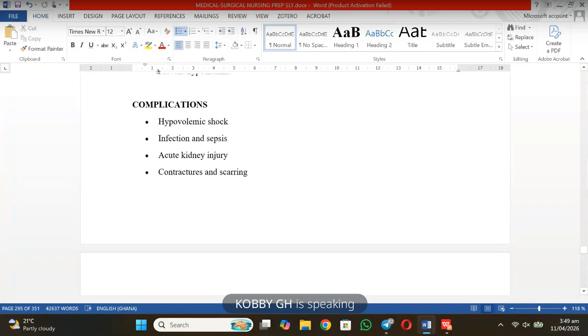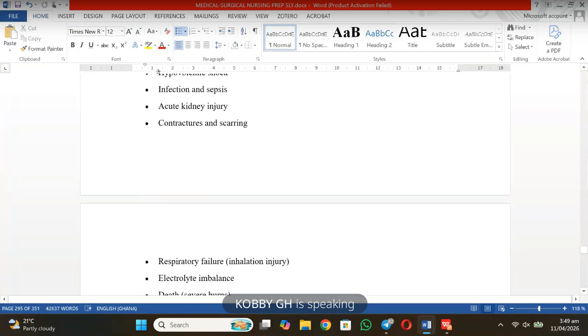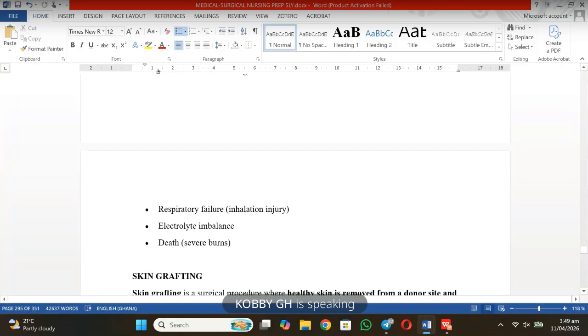There can be infection. And because of the shock and the dehydration, the patient can experience renal failure. Sometimes burns patients can experience respiratory failure as well. Burns are also one of the conditions that can easily influence patients' fluid and electrolyte balance levels. And in very severe cases, patients may even die.